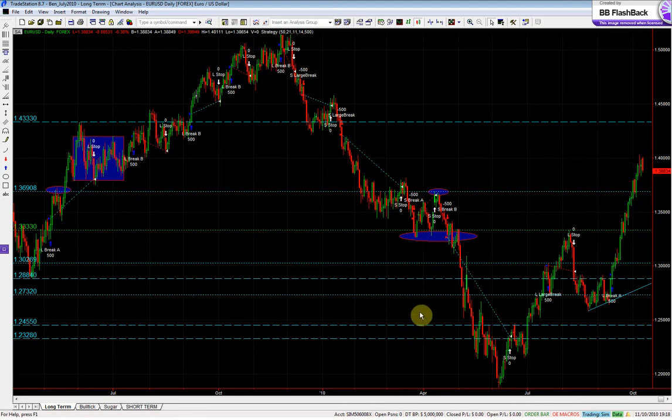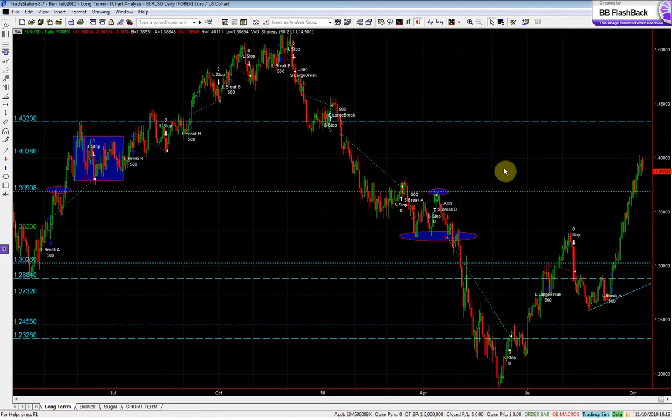Okay, so we should be long this euro dollar already. If we're not, any kind of structure is 140.28. Okay, that's our structural long.